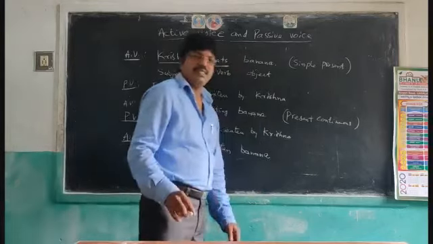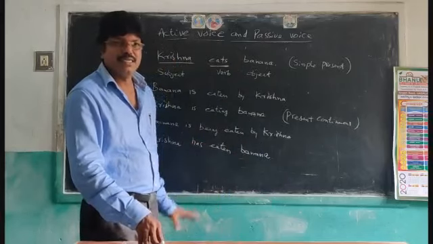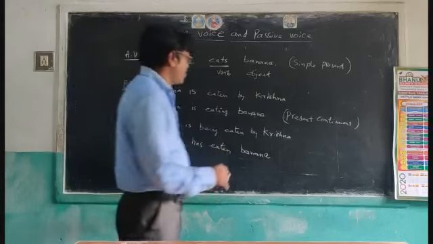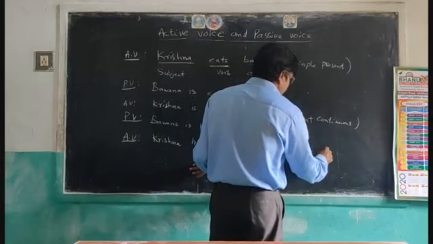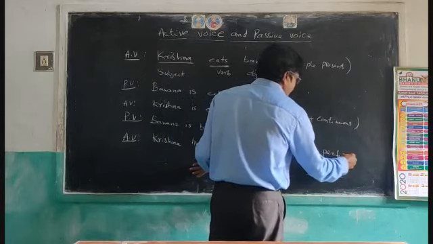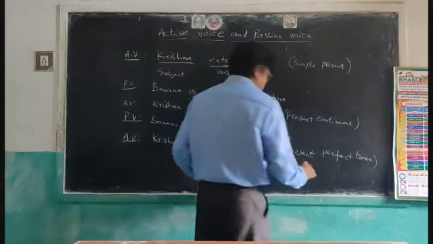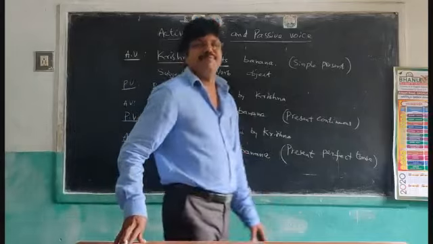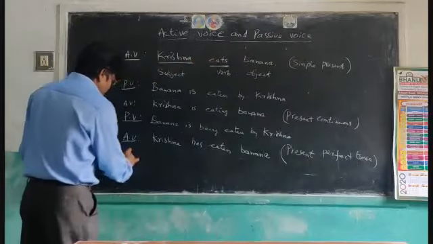Which tense is it? Has eaten, perfect tense. Has eaten or have eaten: present perfect tense. Krishna has eaten banana. Second, we write the passive voice.